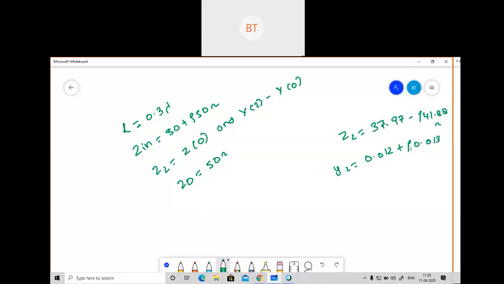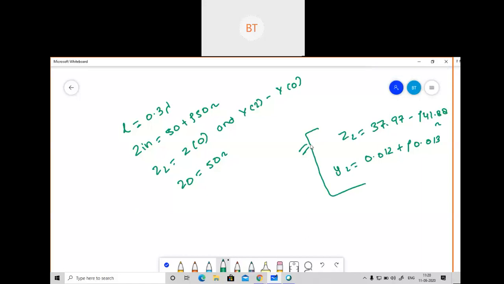How many of you have got this answer? This is the correct answer. If you solve it, you will get it. I will solve it here and show you how you get this. If you have got this answer, then it is definitely correct. Please raise your hand, or speak, so that I can know.